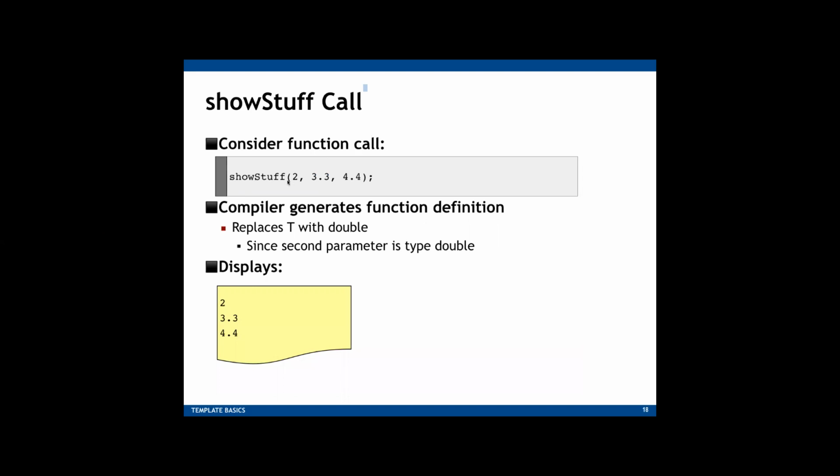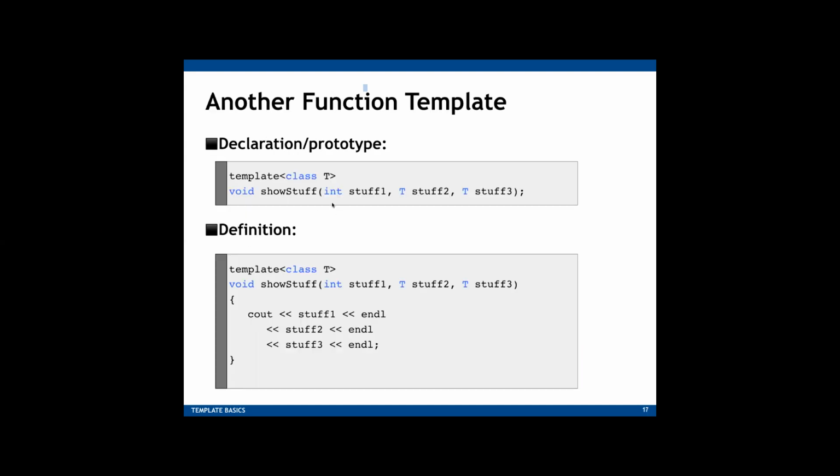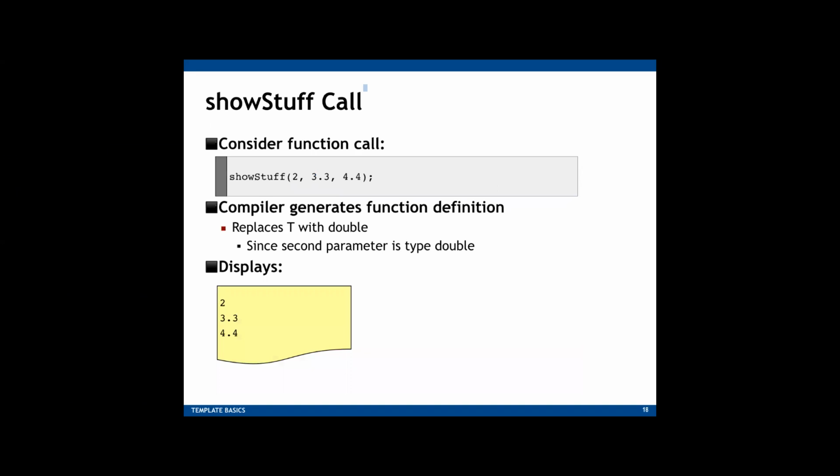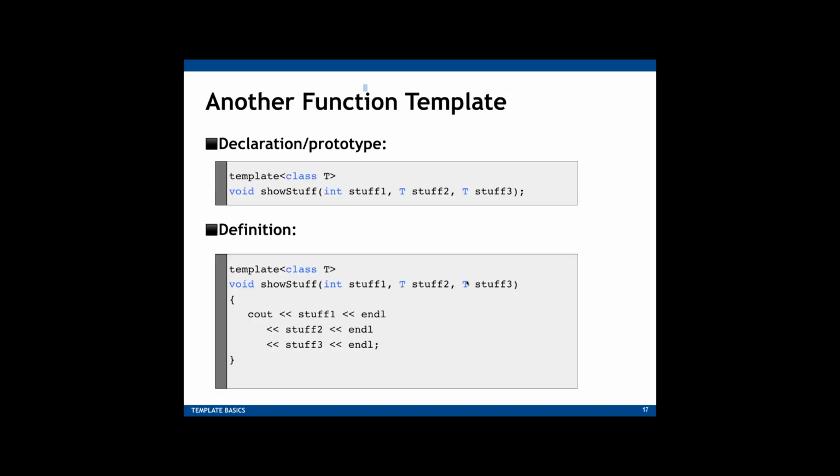If we call this show stuff function like this, the compiler will generate a function by replacing type parameter T with double. Because 3.3 and 4.4 are double typed, the compiler will replace this T with double.